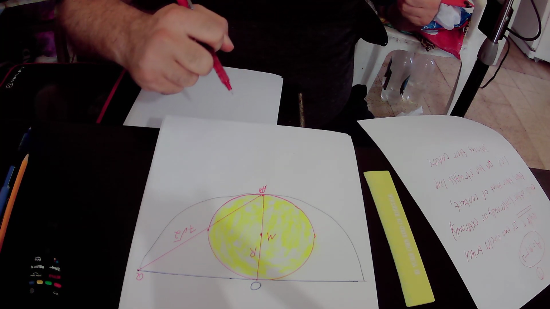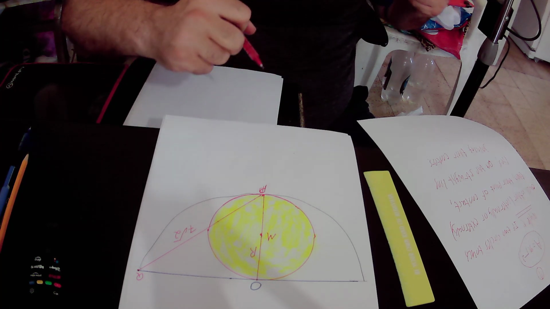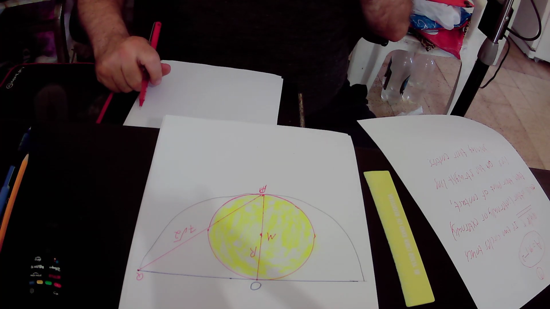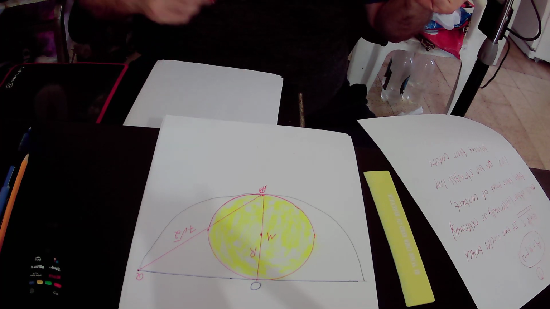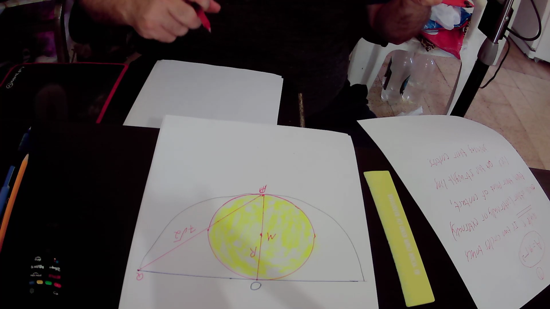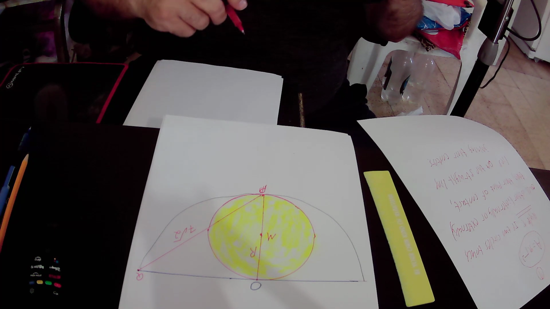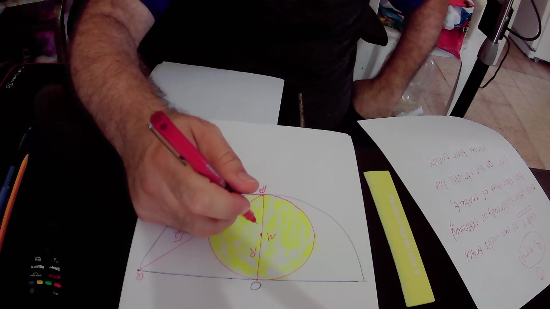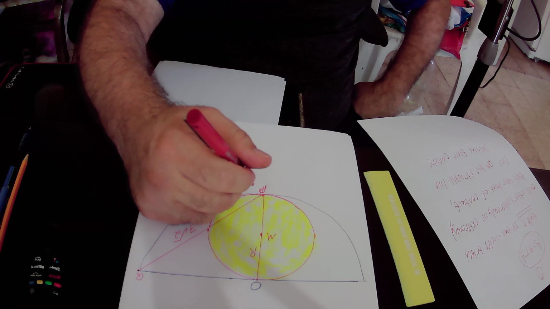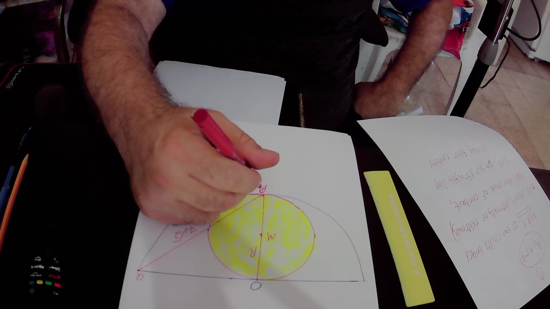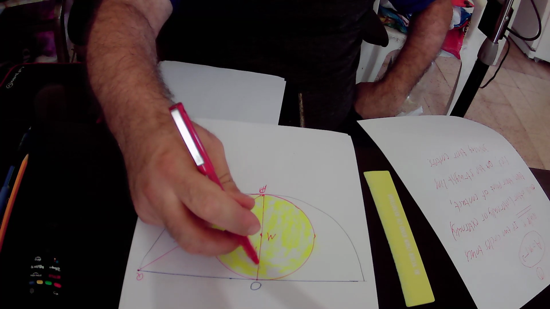Again, the point of contact, point P, lies on the straight line joining their centers, that is to say MO. That is to say PMO is a straight line.